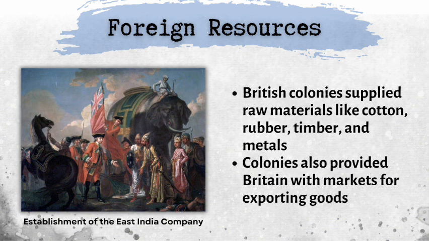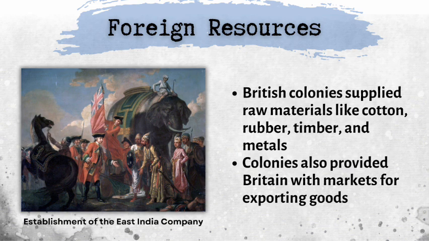Moreover, these colonies also served as captive markets for British manufactured goods, thereby ensuring both a consistent supply of raw materials and a ready market for finished products. This relationship between Britain and its colonies not only underpinned the economic growth in Britain, but also played a fundamental role in financing and fueling the Industrial Revolution.